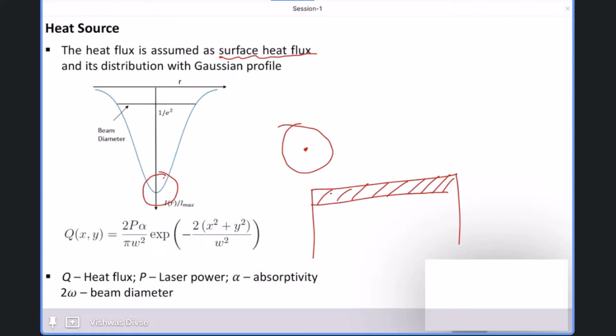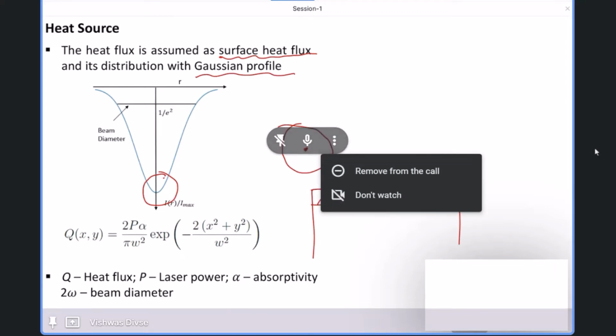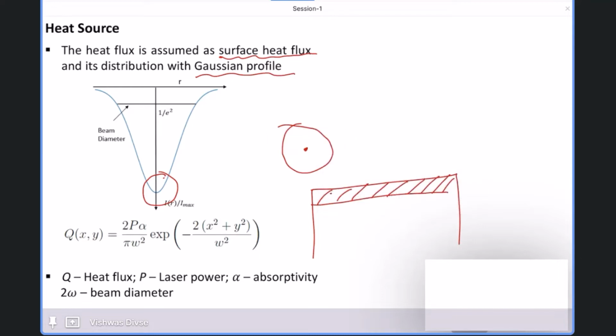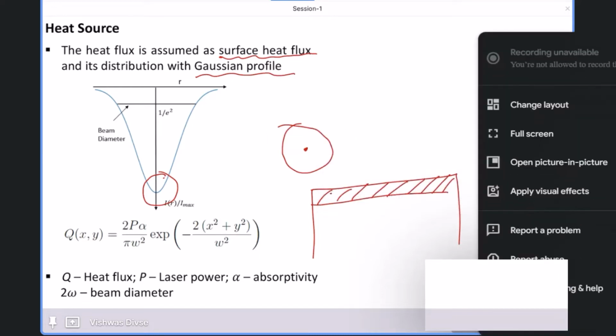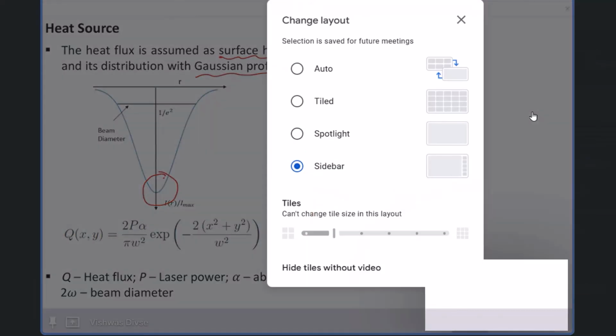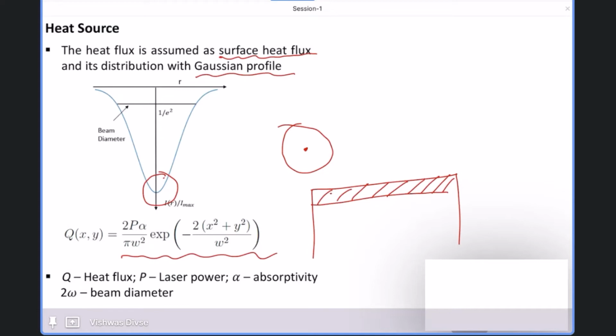And one of the famous, as I stated, is the Gaussian profile. So we'll try to understand the Gaussian profile in detail. But if you have any other profile and equation for that, it's fine. Whatever way I am going to explain in terms of the subroutine, you can change this equation in your subroutine according to what kind of laser heat source you have.